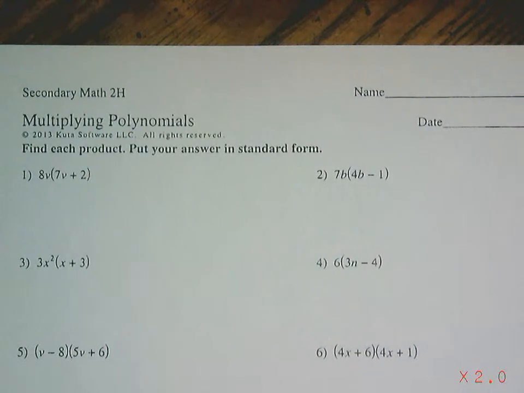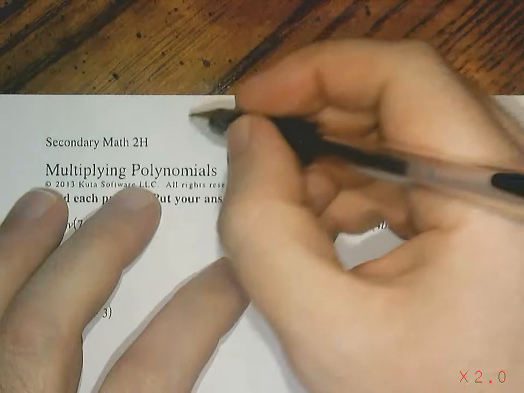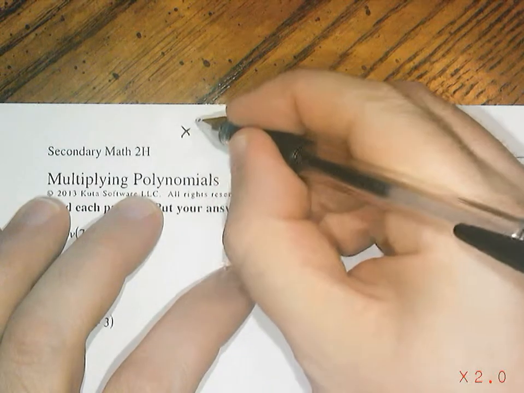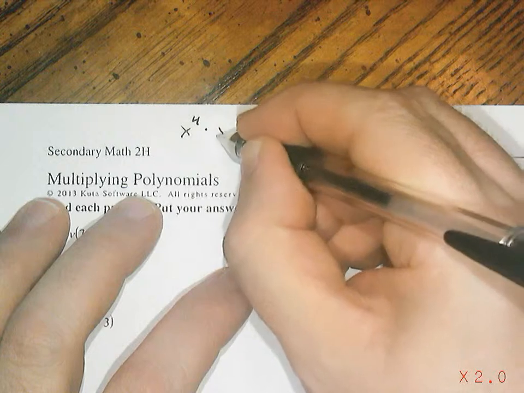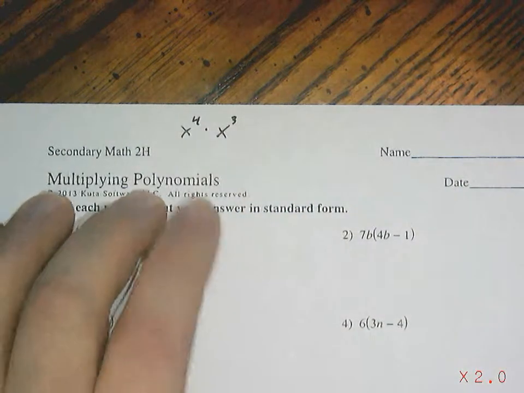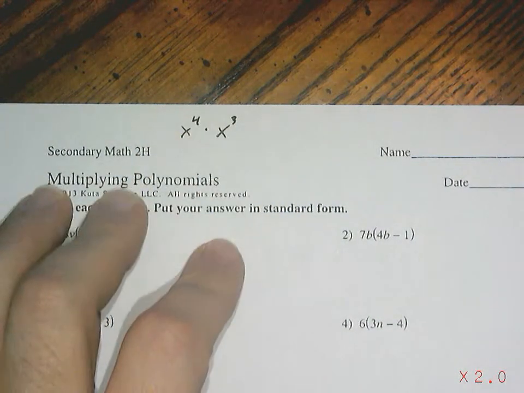exponents. Okay, so one of the things we talked about when we did exponents last year was the multiplying property of exponents, which basically means that if I have, let's say, x to the fourth, and I times it by x to the third, what do we do with those two?